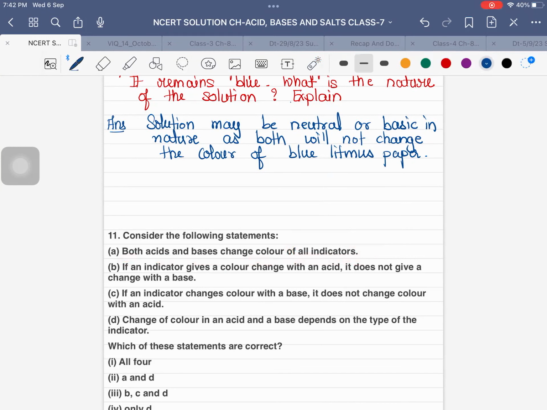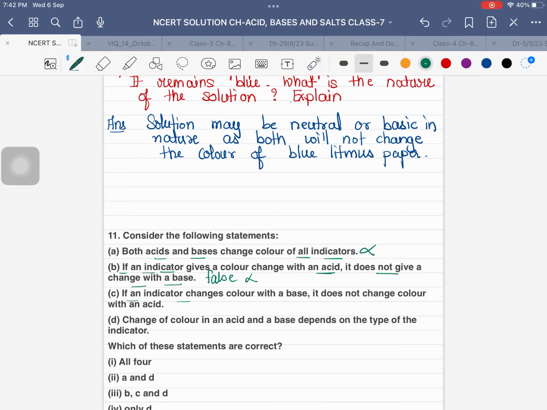No, it's not true. It may happen that acid and bases may not change the color. If an indicator gives color change with acid, it does not give change with base, so it's false. It may happen that an indicator changes color in both acid and base.